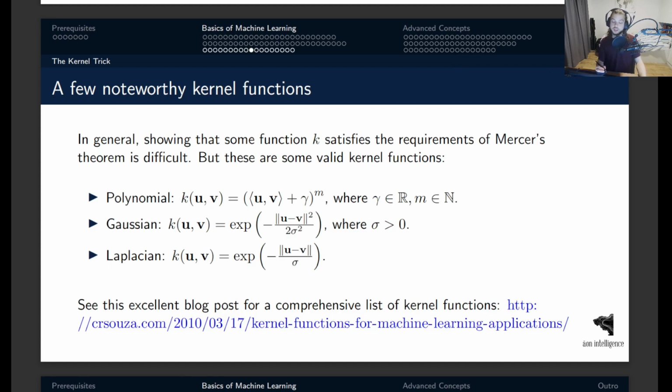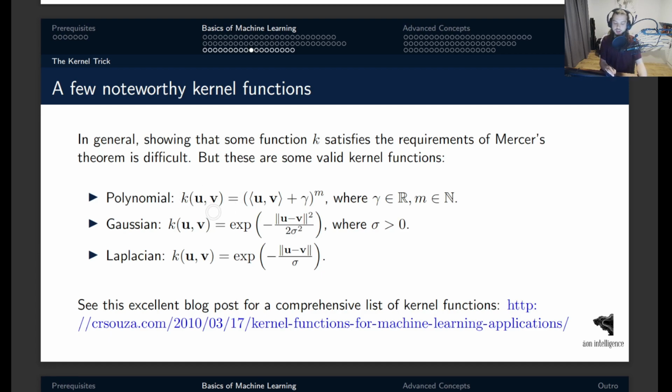But there are some functions that were shown to be valid kernel functions, and some examples are the polynomial kernel, the Gaussian kernel, and the Laplacian kernel. There are, of course, many more kernels, so if you want more examples, then have a look at this blog post where someone compiled this long list of valid kernel functions. But let's have a look at these 3 examples in particular.